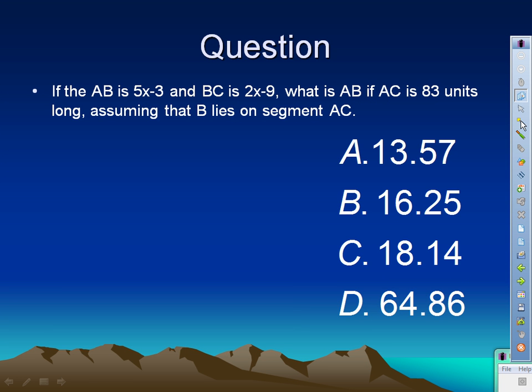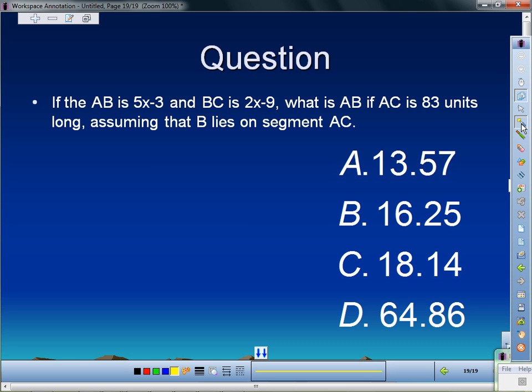This is another such question. If AB is 5x minus 3 and BC is 2x minus 9, what is AB if AC is 83 units long, assuming that B lies on segment AC? So, I have some segment A, C, there's some midpoint B. AB is 5x minus 3, BC is 2x minus 9.